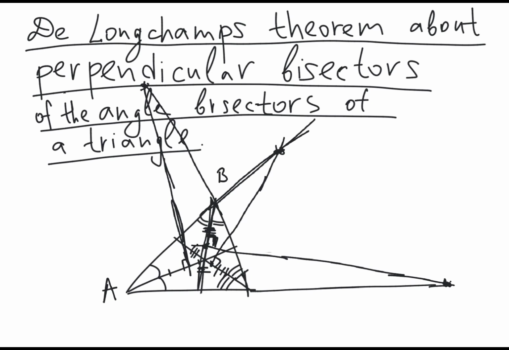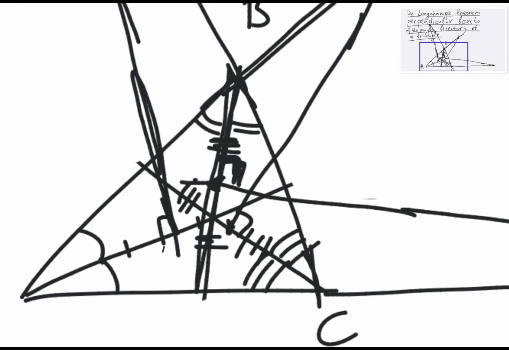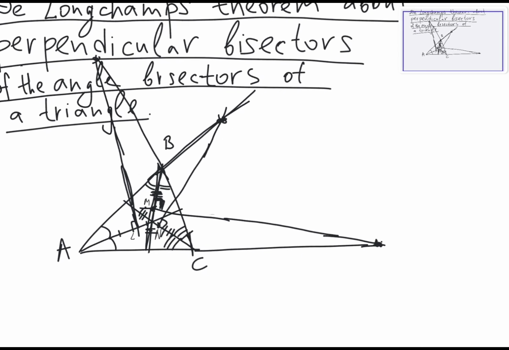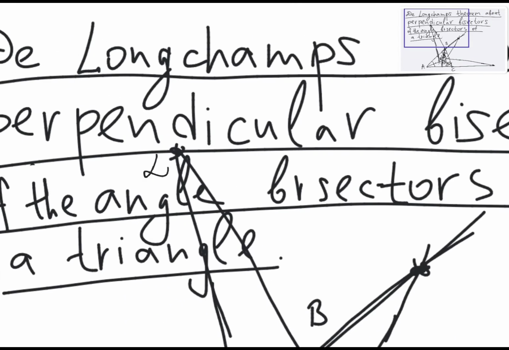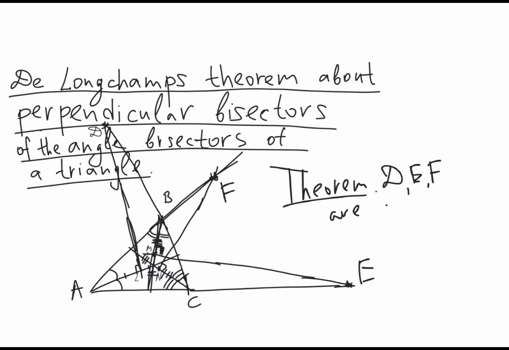So let's denote the points. So A, B, C. Let's denote the midpoints of the bisectors as L, M, and N, and these points of intersection are denoted by, let's denote this point D, this point E, and this point F. And so the theorem says that D, E, F are collinear.